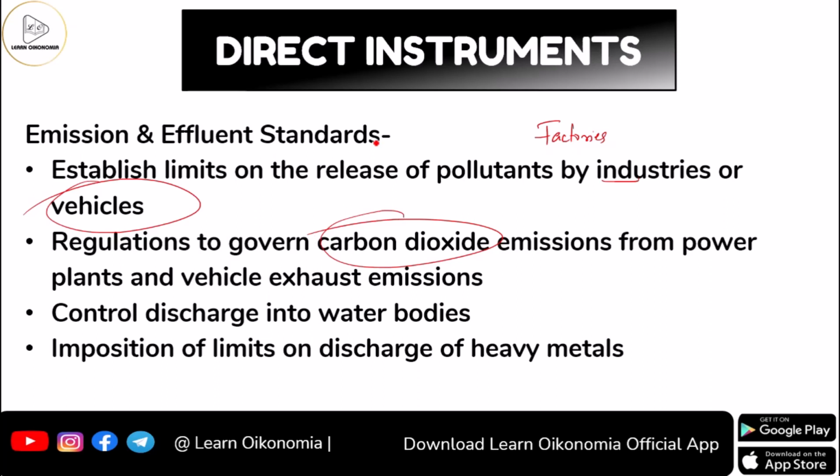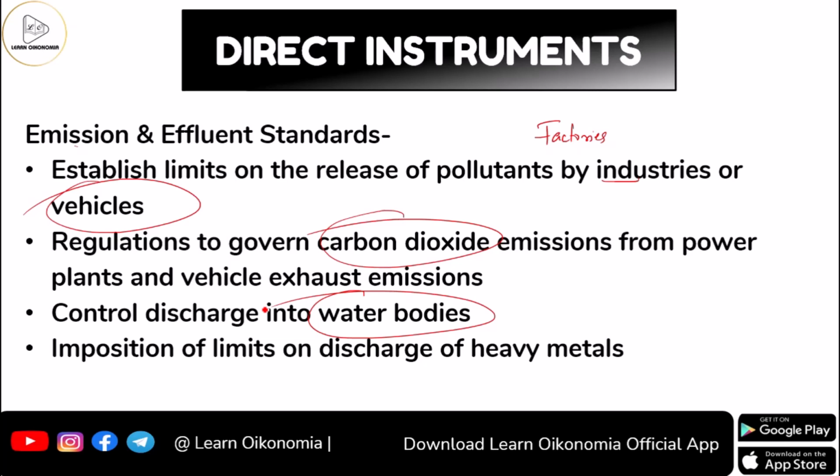Also, when you consider the emission and effluent standards, we are looking at the pollutants released by the industries. It's actually a kind of discharge that the industries or factories would be doing into the water bodies. These industries would be polluting the water bodies as well, and the emission and effluent standards would be putting a control on this too.